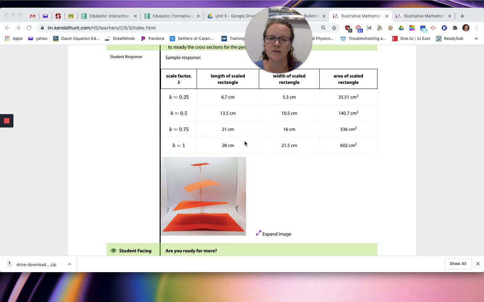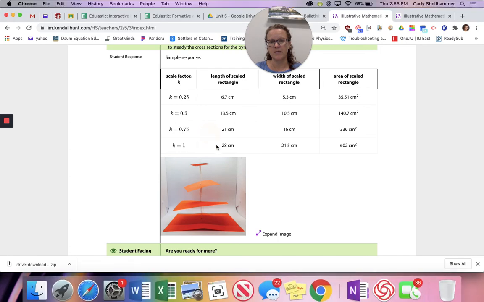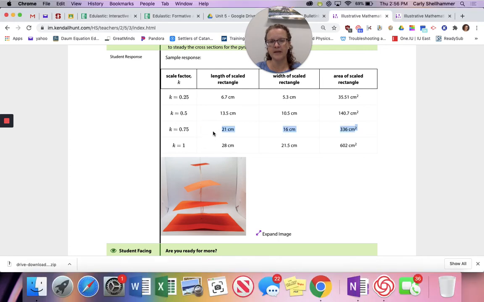In this sample, these are all squares, and what they did was use the scale factor and find the length of the scaled rectangle. So the original one is 28 centimeters. If I take 28 and multiply by 0.75, I get 21. So I multiply by the scale factor and I get 21, right?